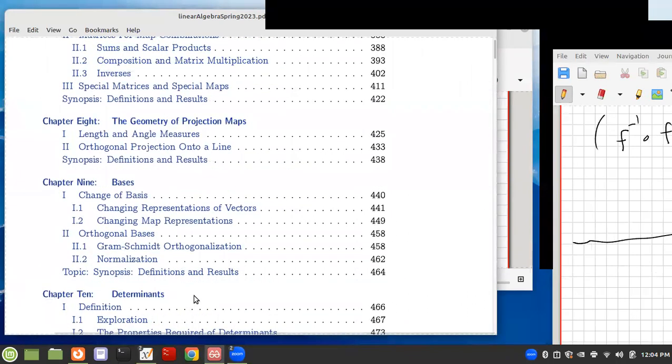So these chapters should probably be reversed in order. This is about the geometry in vector spaces. So we're going to do that, but right now, we've got stuff on bases. Now, the second one here is using the geometry to find bases that in some sense are perpendicular to each other.